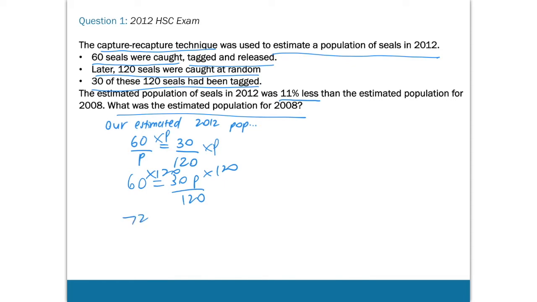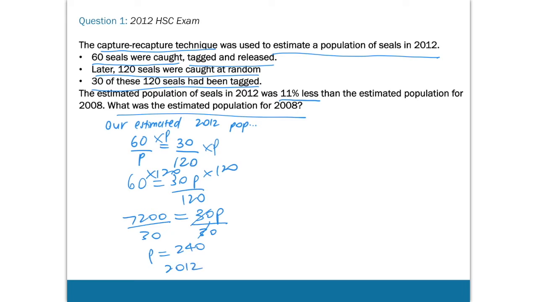So 7,200 equals 30P. Divide by 30 on both sides, and we get P equals 240. Okay, so we know that this is 2012's population, right?